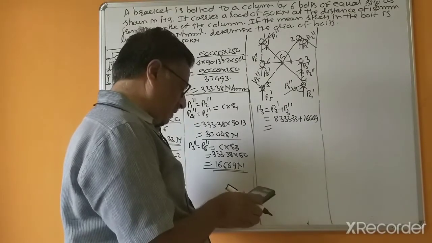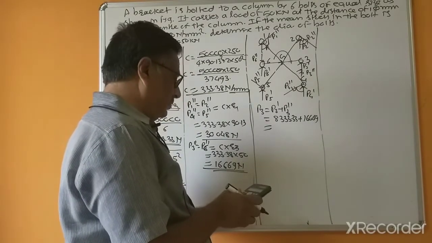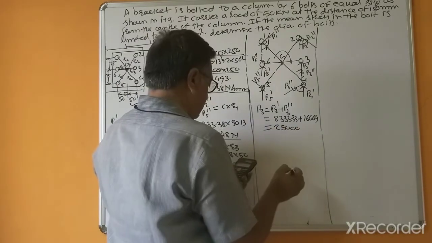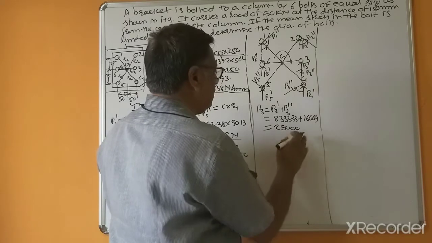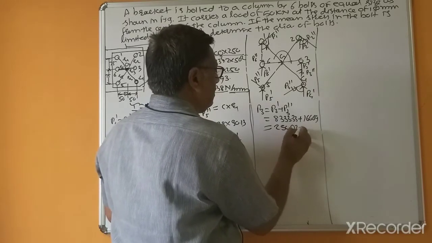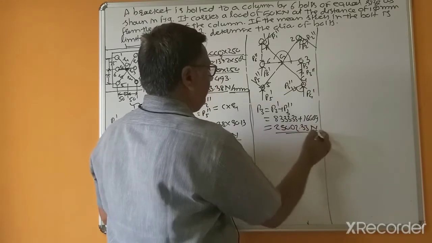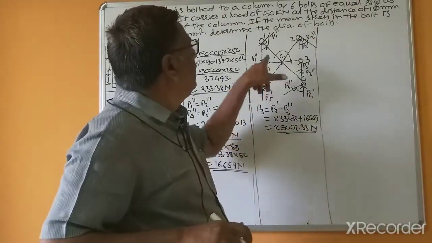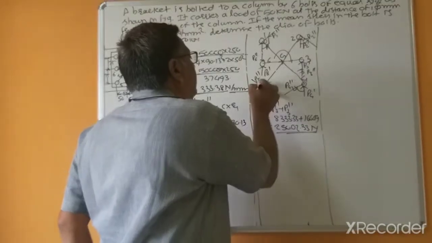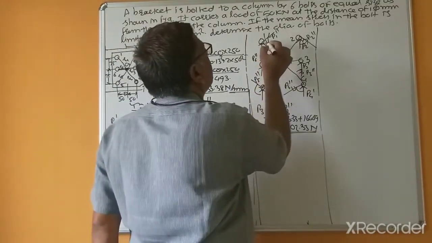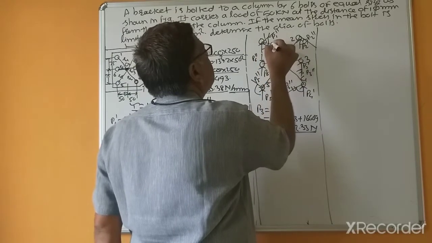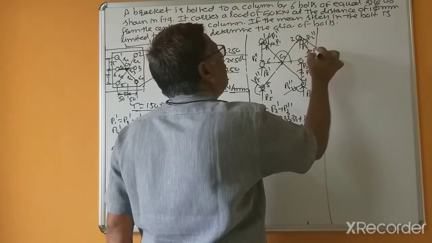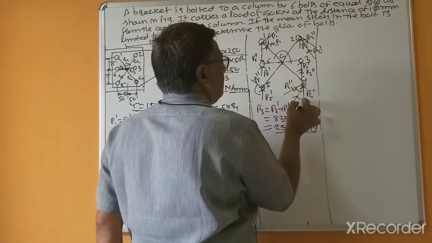This is 2502.33 Newton. Now here, actually this angle is greater and this angle is greater, because here's this P2 or this is P1 and this is P2, this is resultant force, and this is P4.